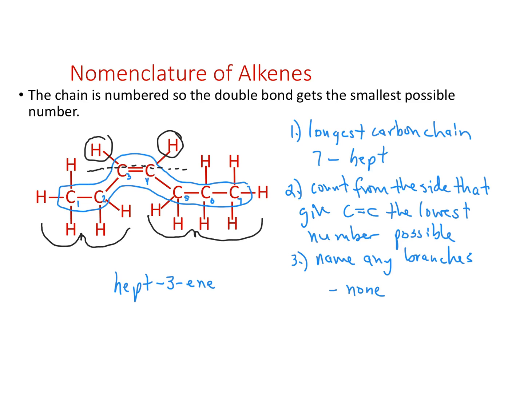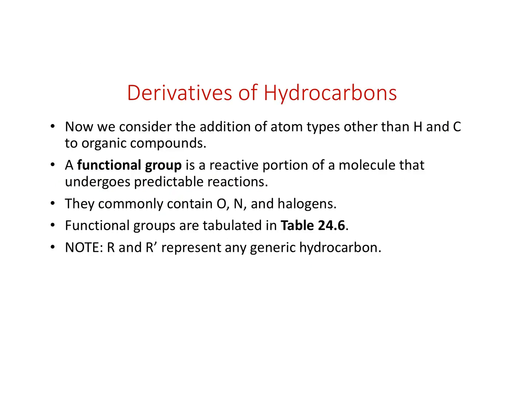So we can add to the name and say we have cis-hept-3-ene. I have a 7-carbon hydrocarbon that has a double bond at the 3rd carbon, and my arrangement around that double bond is a cis relationship. Those hydrocarbon branches are on the same side of that carbon-carbon double bond.